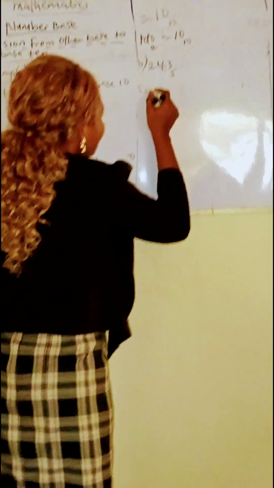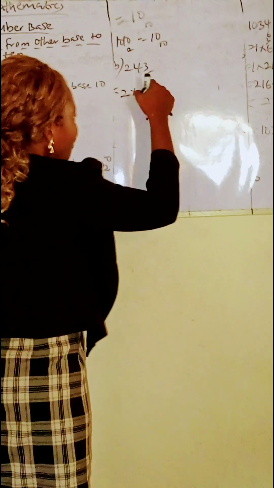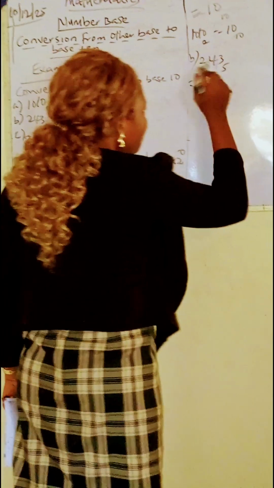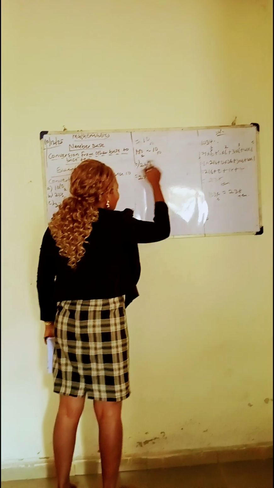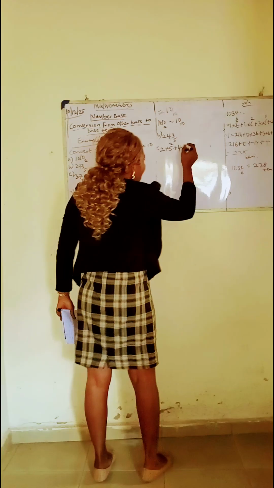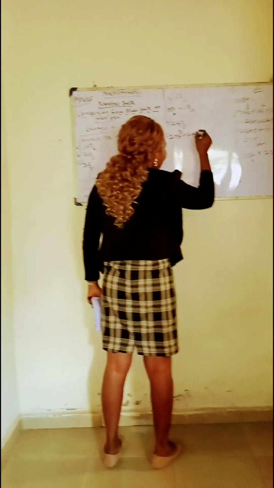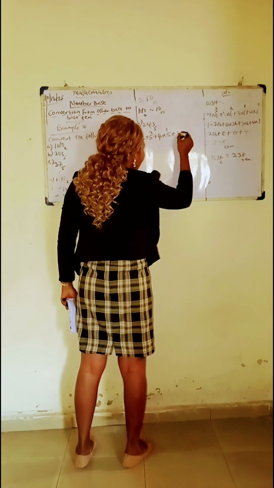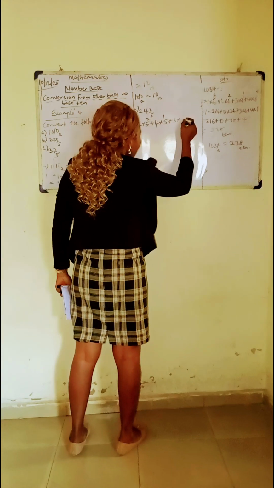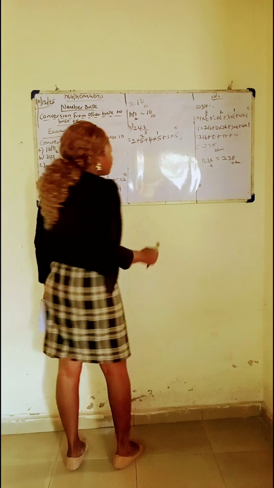243 to base 5. So we have this 2 times, we are working on base 5, times 5 raised to power 2. Plus the next number we have there is 4 times your base 5 raised to power 1. Plus the last number we have there is 3 times your base 5 raised to power 0.